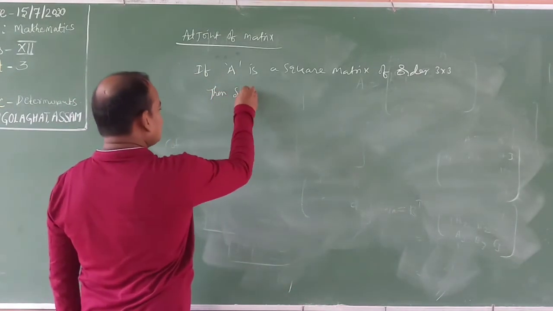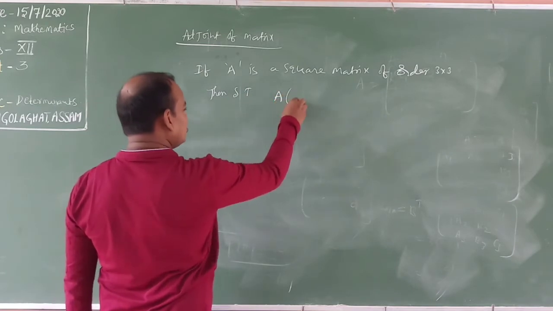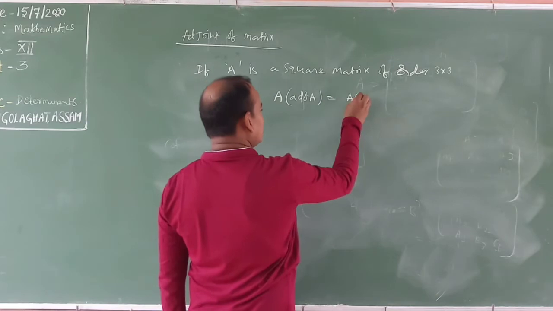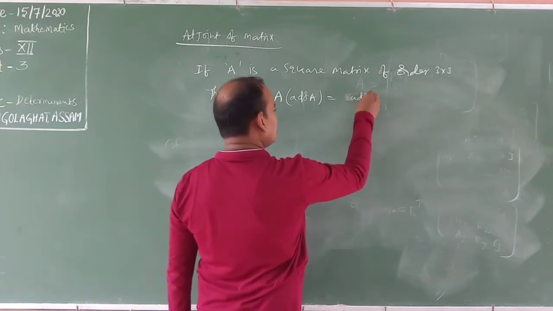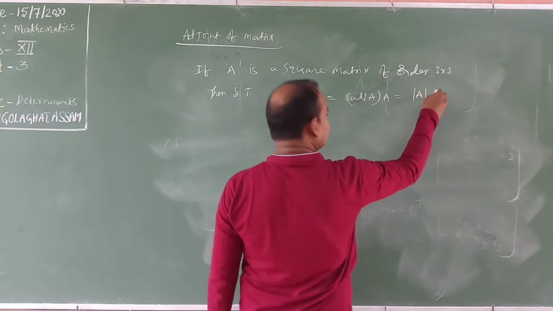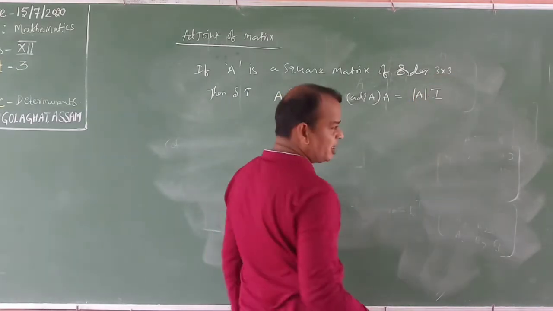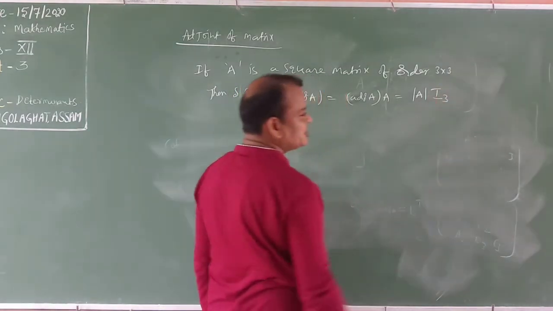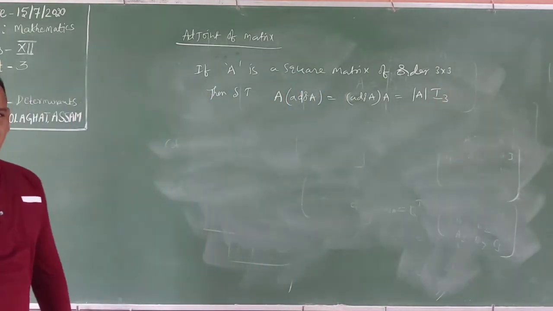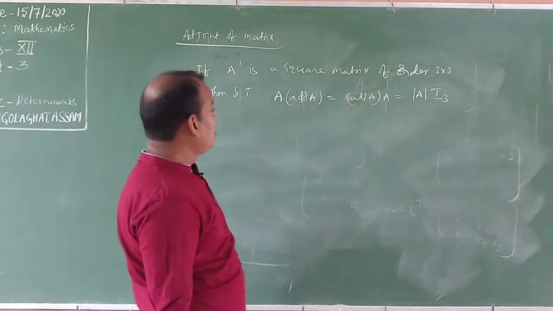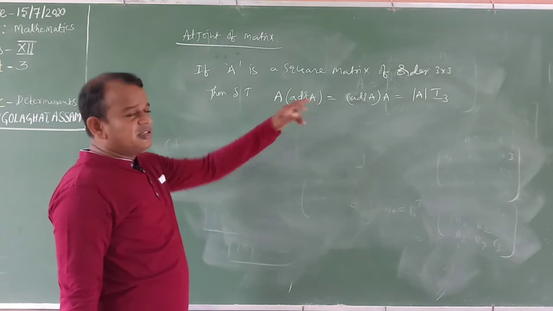Then show that A times adjoint of A equals adjoint of A times A equals determinant of A times I. For an n by n matrix we take I of order n. This is I3, the 3 by 3 identity matrix: 1 0 0, 0 1 0, 0 0 1. In this one, adjoint of A is there.